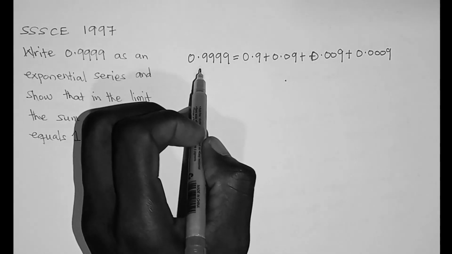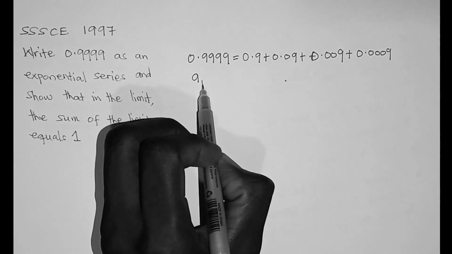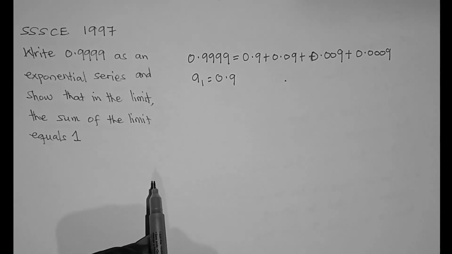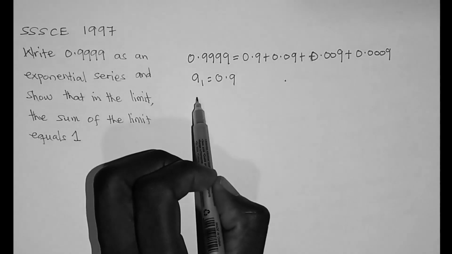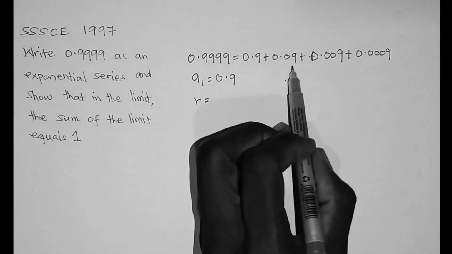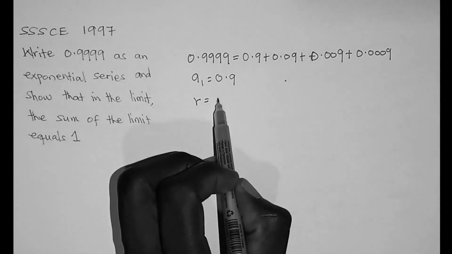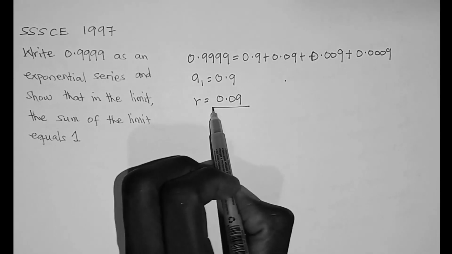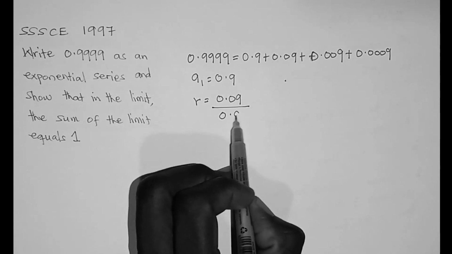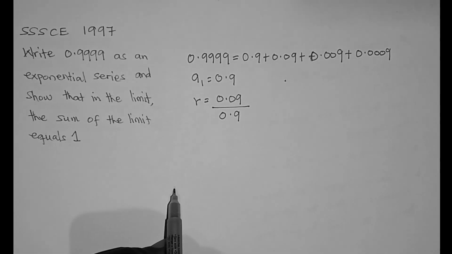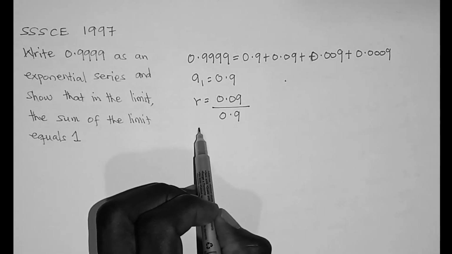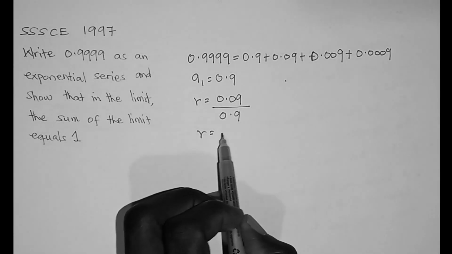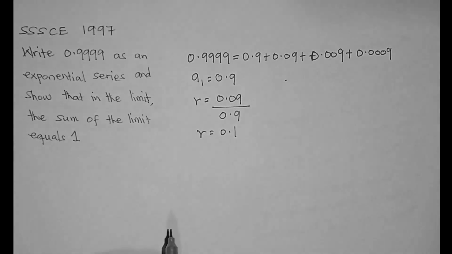So from here we can see that our first term a1 is equal to 0.9. And then the common ratio r is equal to the successive term, which is 0.09 divided by 0.9, and r, the common ratio, is equal to 0.1.